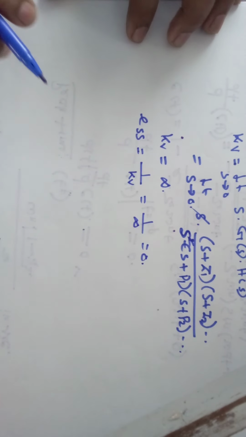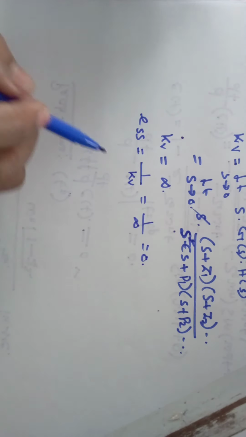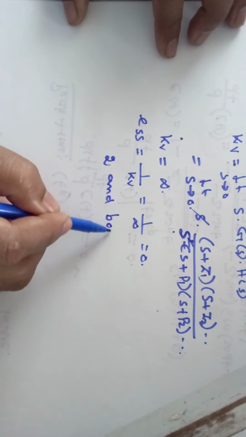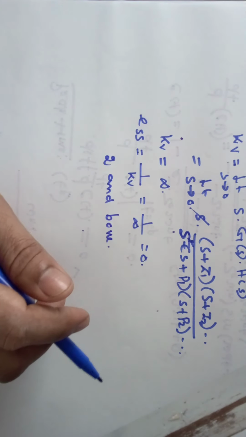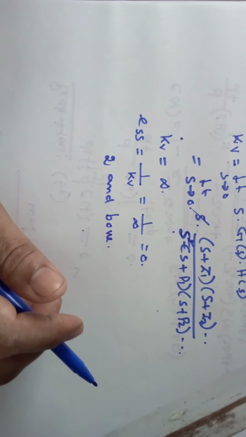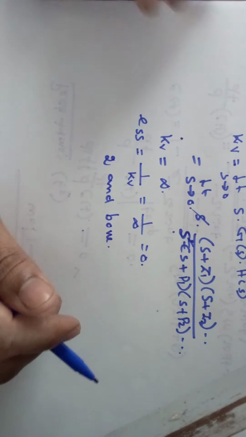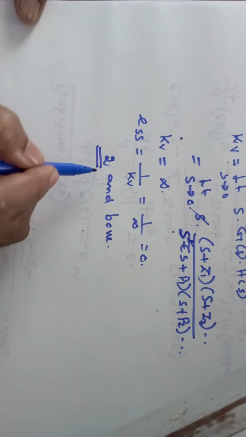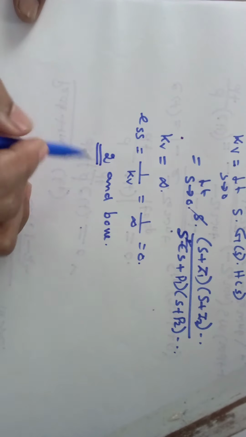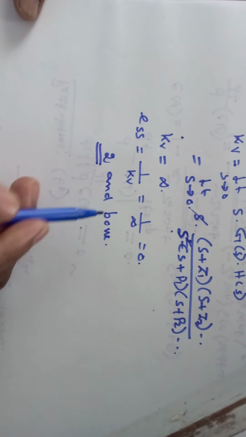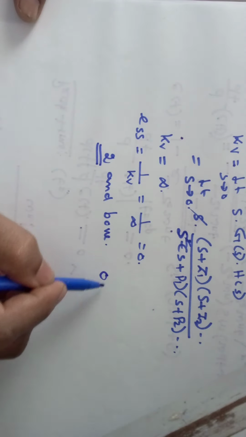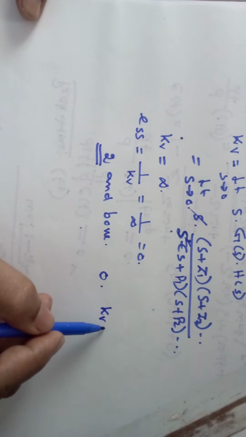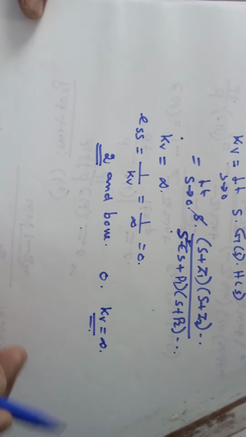And if the type number of the system is 2 and above, then the steady state error will be equal to 0, because the value of the velocity error constant Kv is equal to infinity.